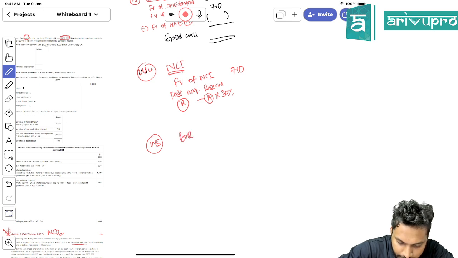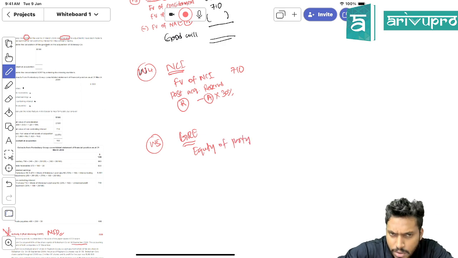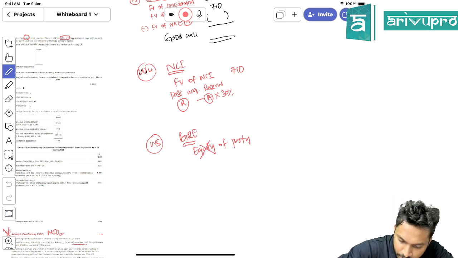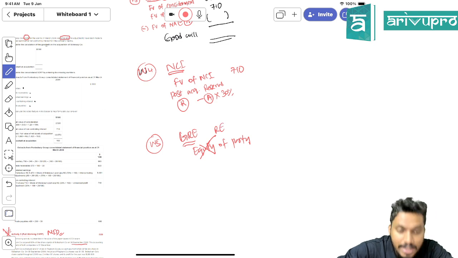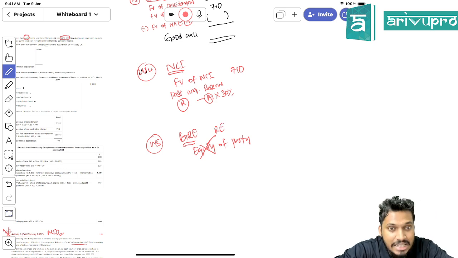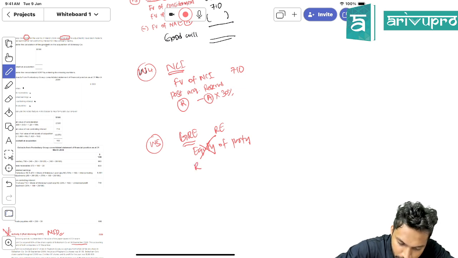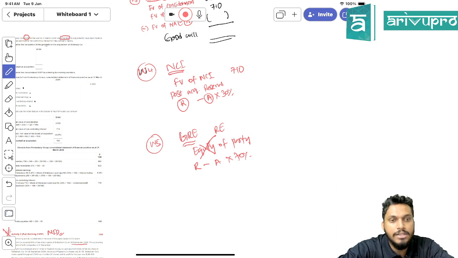Group retained earnings. So you need to take equity of the parent. Equity or retained earnings? Retained earnings. Good. Not equity, you need to take the retained earnings of the parent, reporting date minus acquisition date, into 70%, adding it to that.